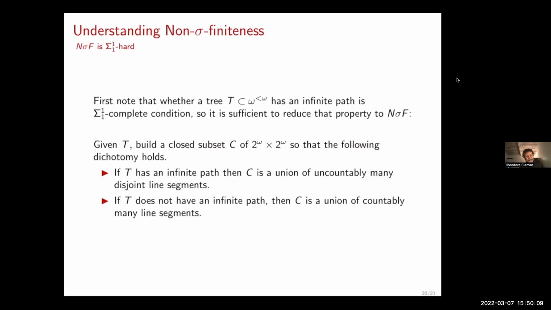I think this is about as far as we've gotten. So you'd think that this way of thinking about the notion of non-sigma finite is a kind of perfect set property, right?